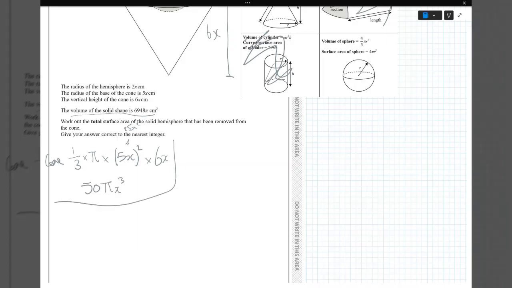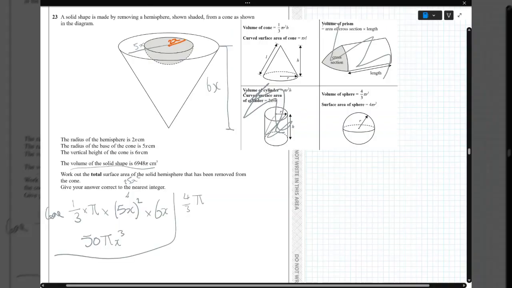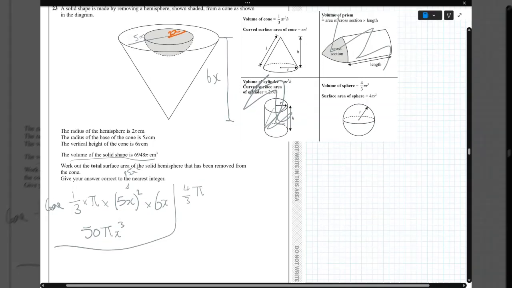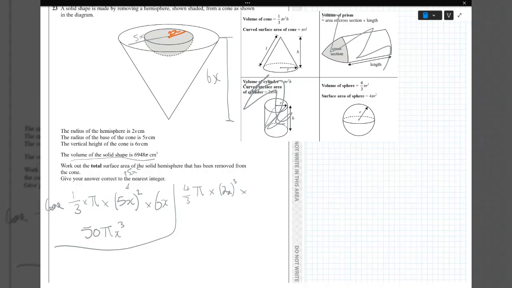Let's now look at the hemisphere. The volume of the sphere is 4/3 pi r cubed, which is 2x cubed, and then that's going to be multiplied by a half.